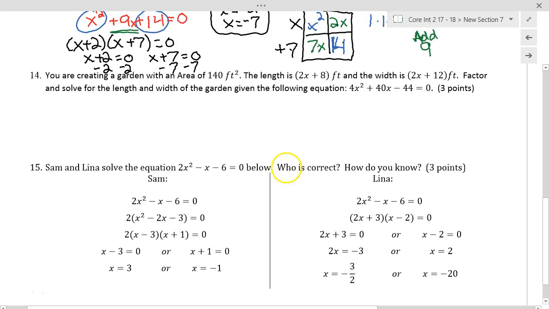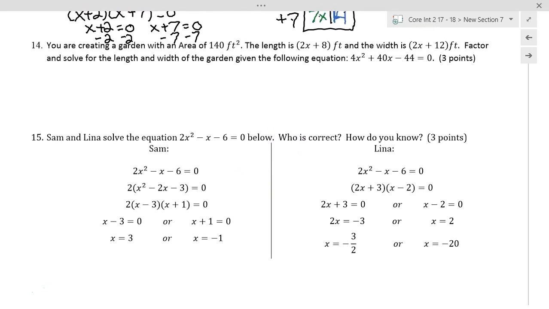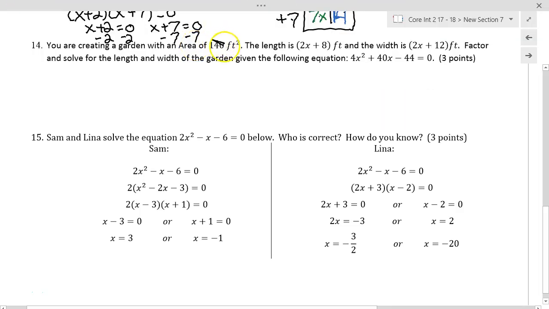Alright, looking at number 14, it says, you're creating a garden. I'm actually going to change this whole problem, so make sure you change your numbers as well. I'm going to create a garden that has an area of 7 feet squared.